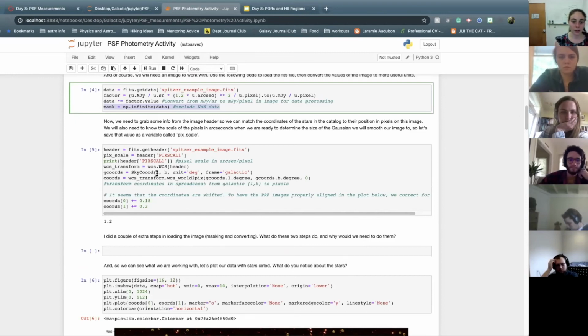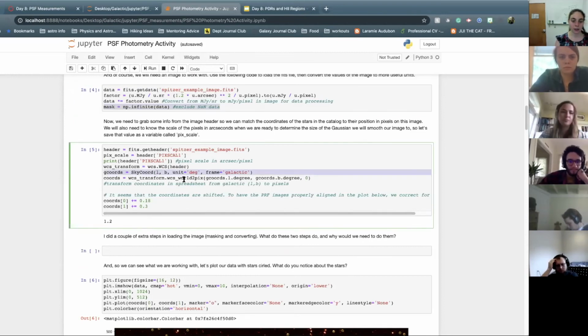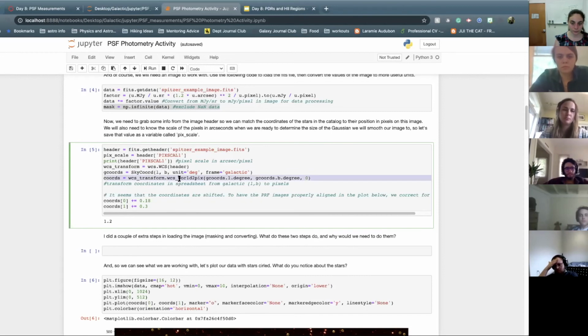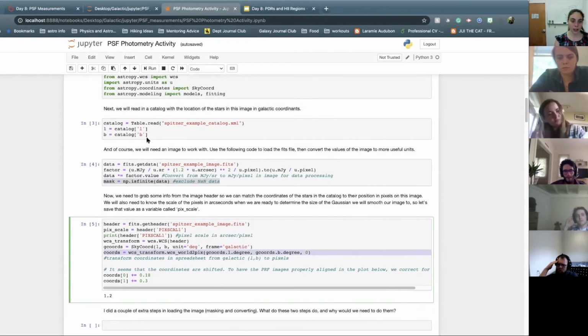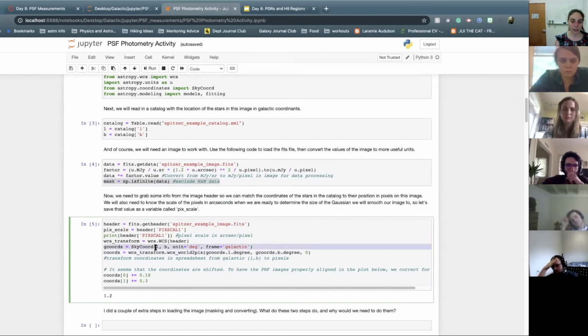We use SkyCoord to convert from galactic coordinates to pixel coordinates. So we put our L and B that we grabbed from our data file that had locations of stars in this image. We're just going to transform that from galactic coordinates to pixel coordinates.